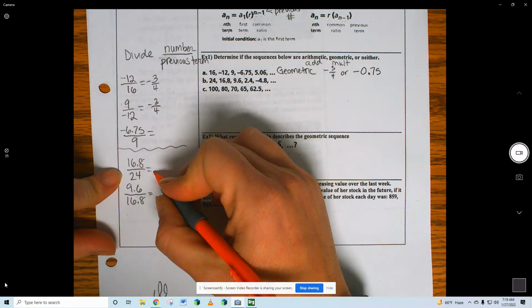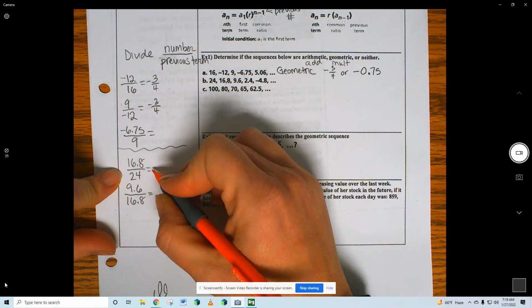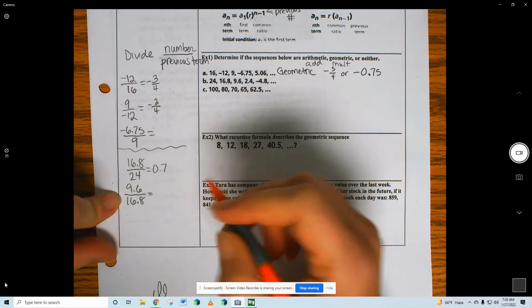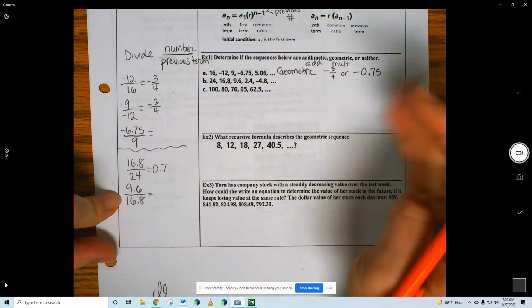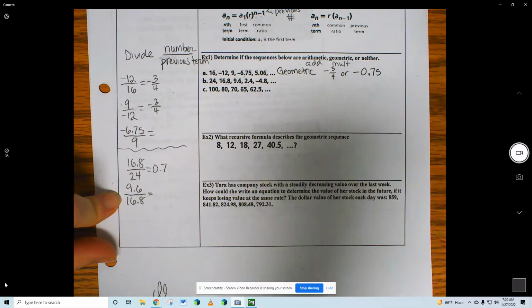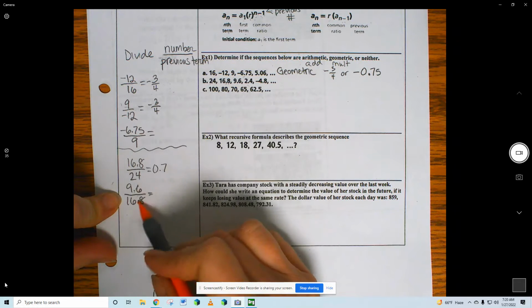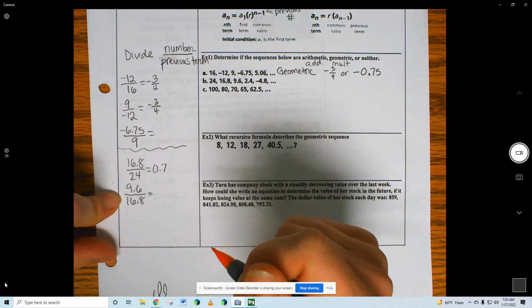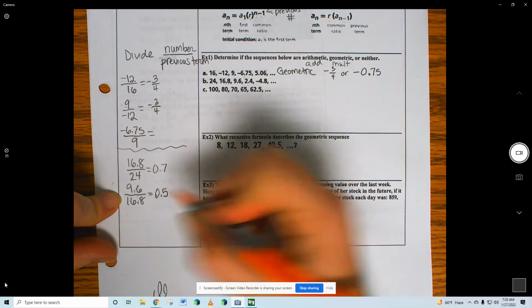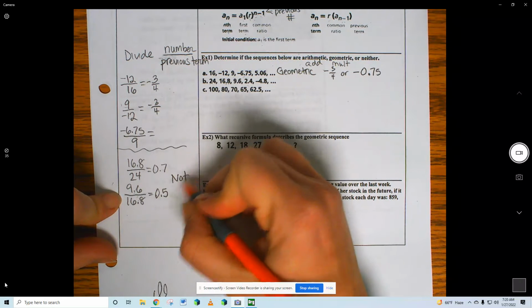Okay. What about 9.6 divided by 16.8? Is it the exact same ratio? No. What was this one? 9.6 divided by 16.8? 0.57? Okay, so it's not geometric.